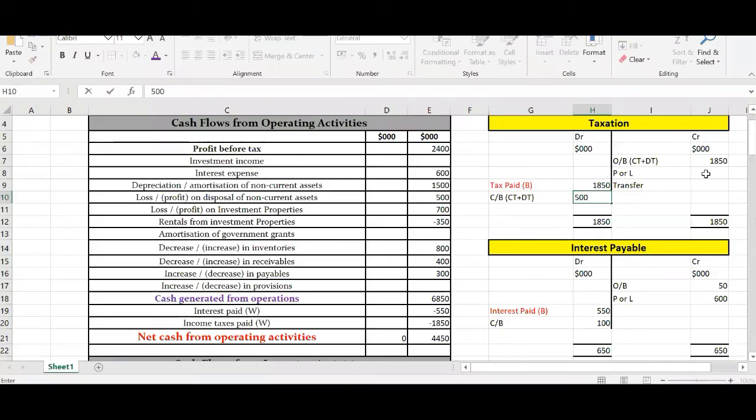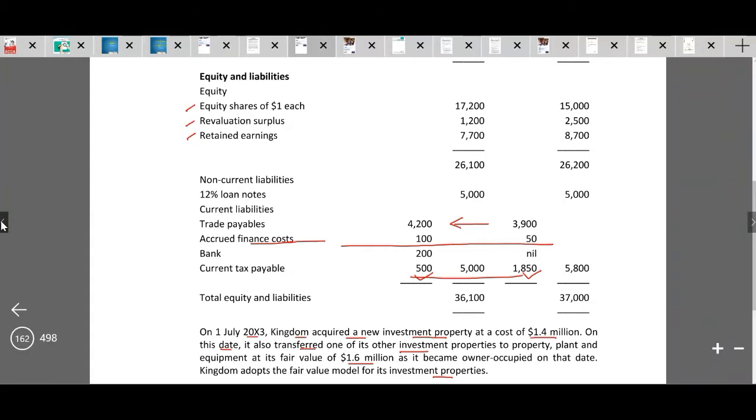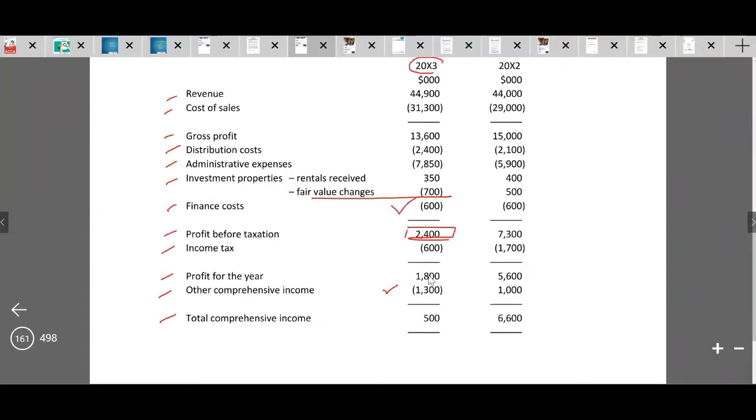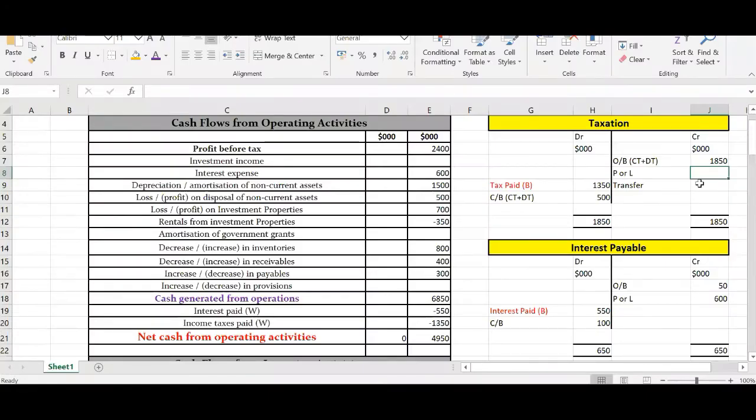All right, then we have to take the tax expense from the statement of profit or loss, and this is 600. So 600 over here.